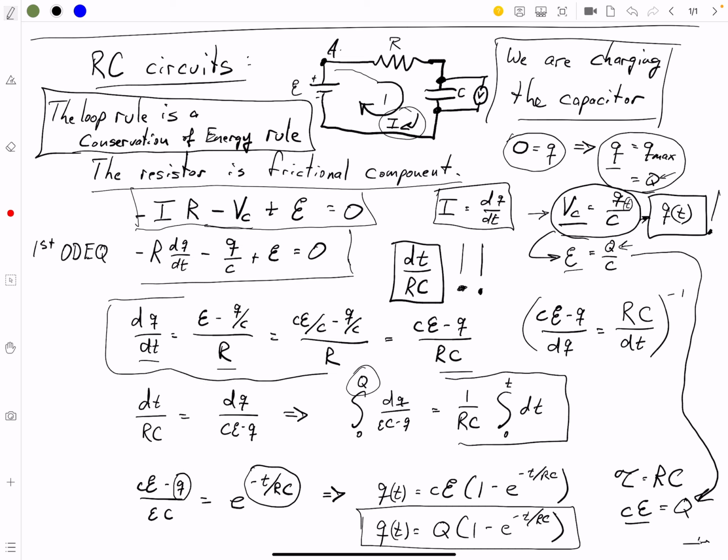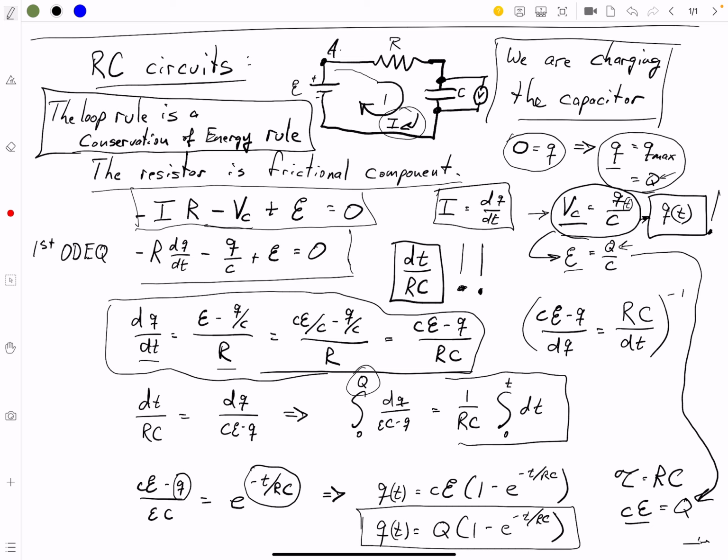The nature of solving for dQ/dt is going to give us some things. dt will be in the numerator on one side of the equation, and dQ will be in the numerator on the other side, if we can do this right.